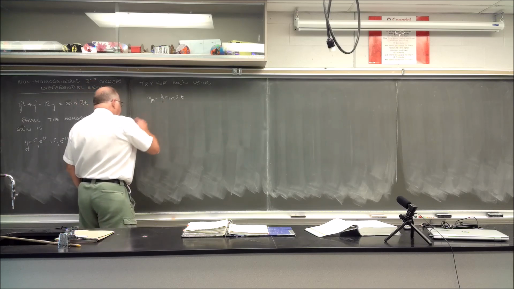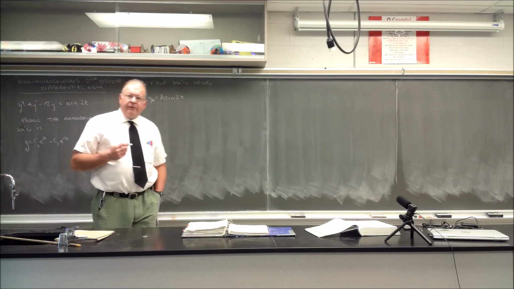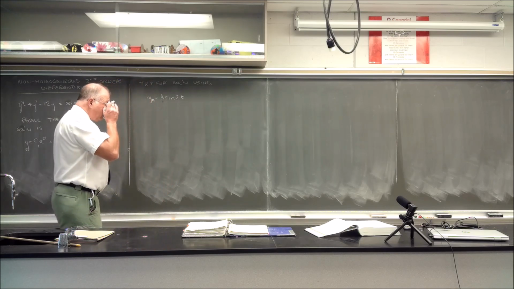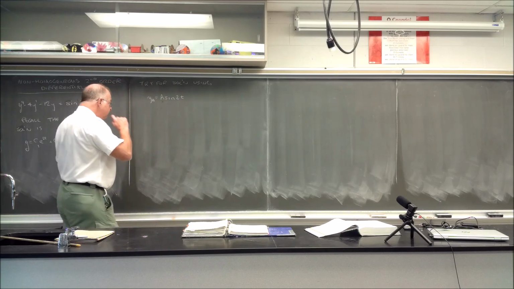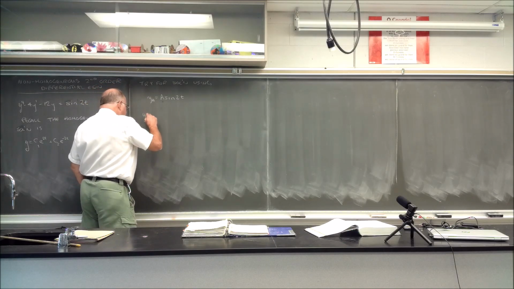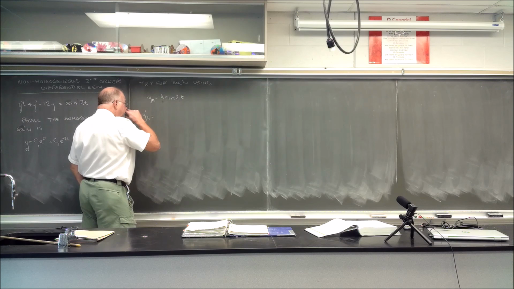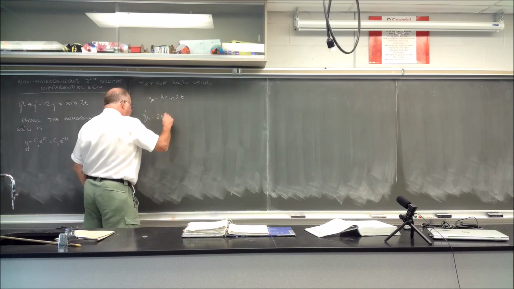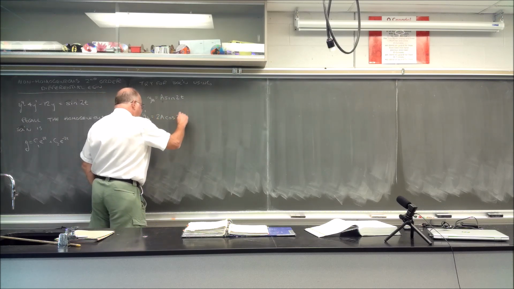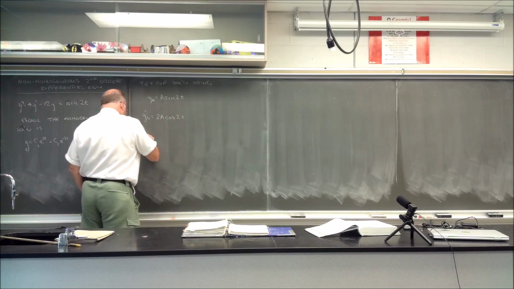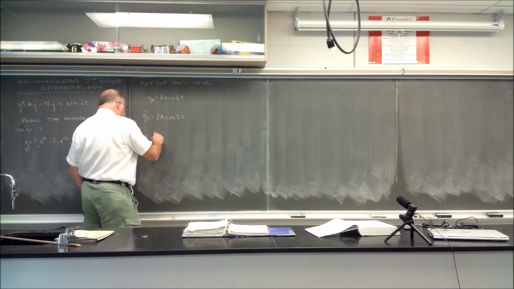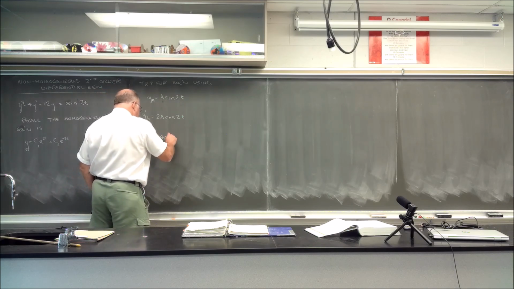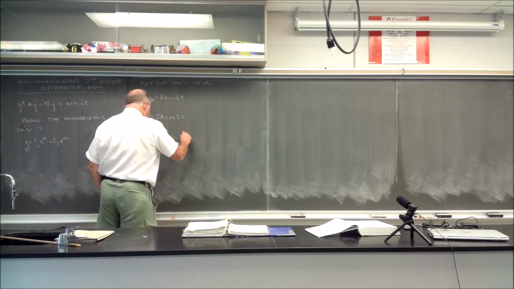All right, and it's often good in these cases to do your derivatives ahead of time so that if something goes wrong, you can go back and try to find out where the mistake was made. So y sub h prime is going to be 2a cos 2t, and y double prime h will be negative 4a sine 2t.